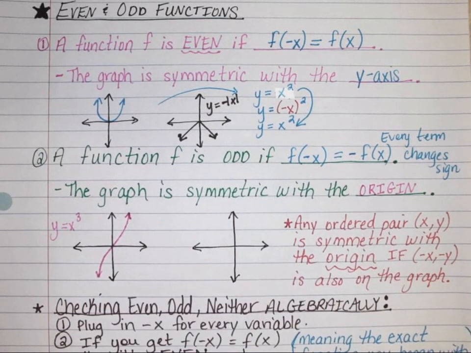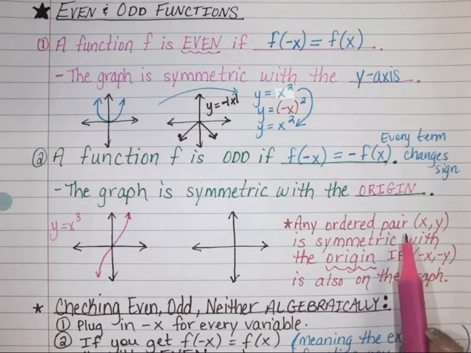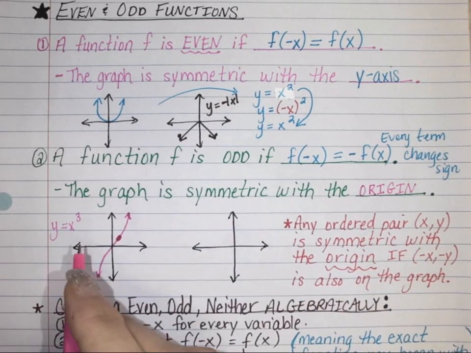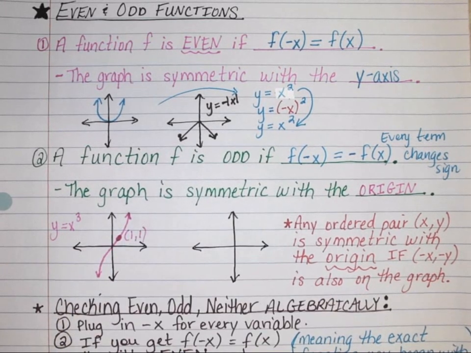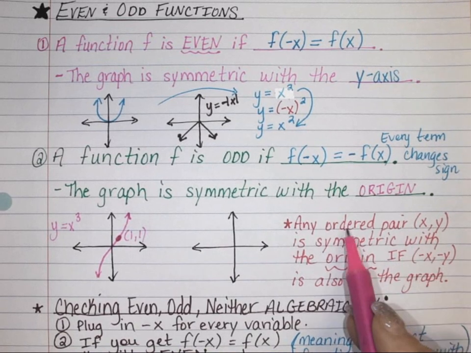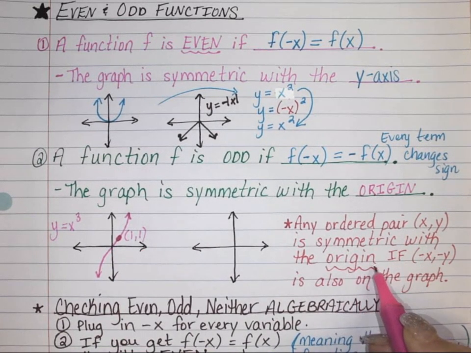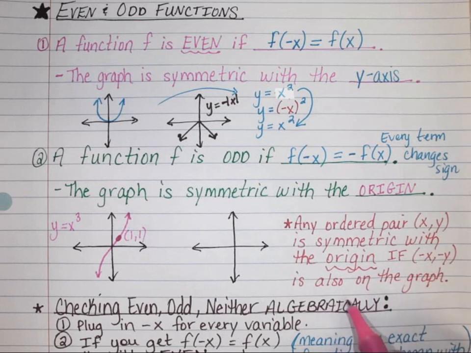And so it resembles this. Notice that if I have an ordered pair, a point on this cubic, if I plug in 1, then I'm going to get 1. So here's a point on the graph that I definitely know. And any ordered pair, such as (1, 1), is symmetric with the origin if the opposite of x and the opposite of y is also on the graph.